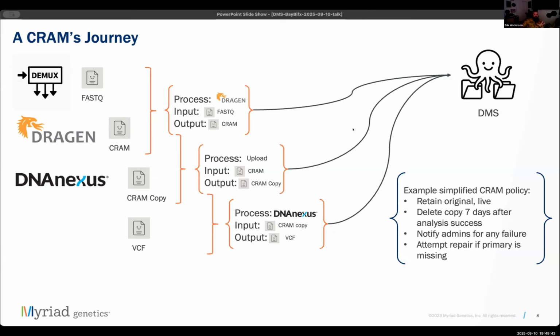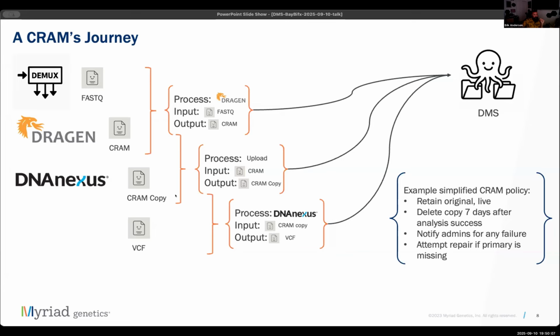Here's how that policy then is expressed in the workflow. After DRAGEN alignment finishes, the orchestrator sends a message containing metadata about the analysis, its input FASTQ, and its output CRAM to the DMS. The DMS recognizes the CRAM and applies the appropriate policy, which in this case is to wait.